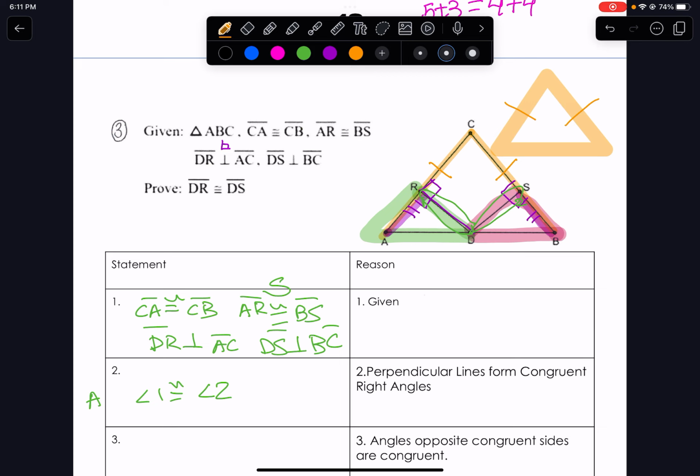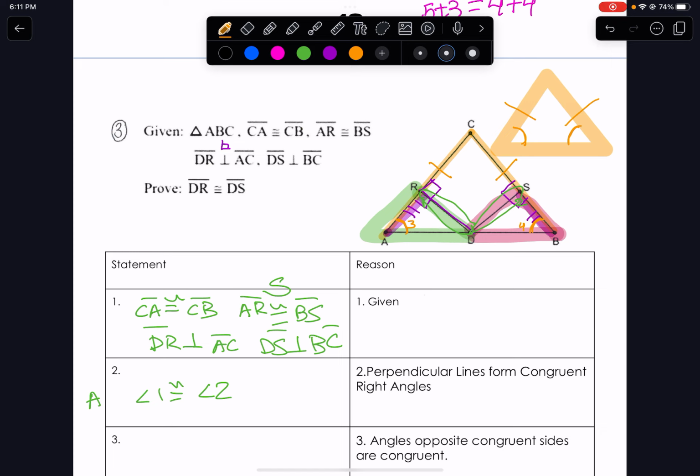If I have a triangle marked this way, I have two congruent sides. If I have two congruent sides, that is an isosceles triangle. An isosceles triangle has two congruent base angles. You can also say that opposite congruent sides are congruent angles. So these two angles right here are the base angles of the larger triangle.